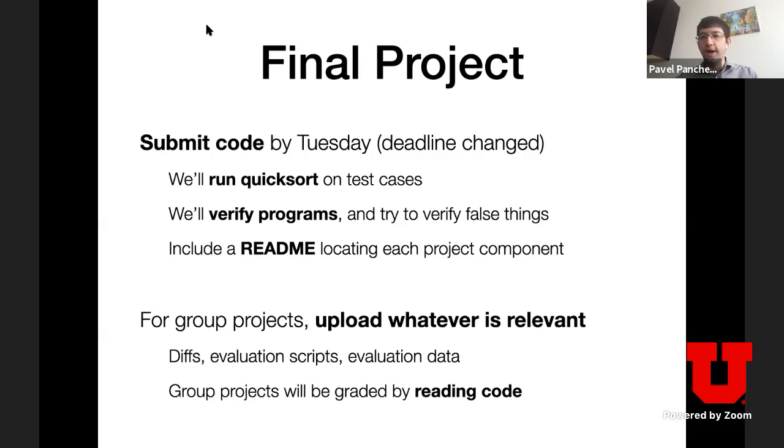So we're asking you to submit that, any evaluation scripts you have, any evaluation data that you produce. So we will mostly not be running the group projects because it might not be clear how to do that. That's actually been one of the challenges for some of the group projects. But we will be sort of looking over your code to just see that it basically corresponds to what you have in the final presentation.